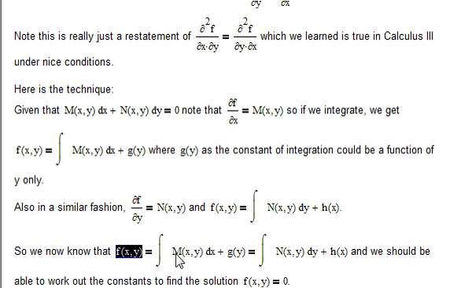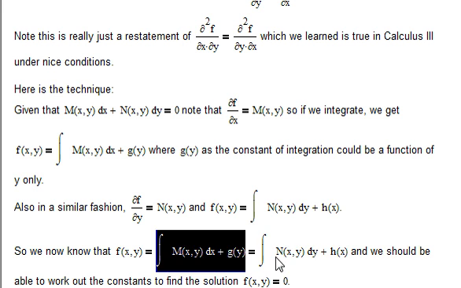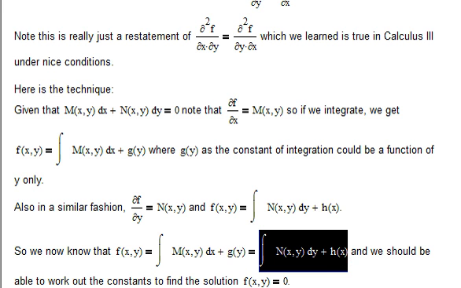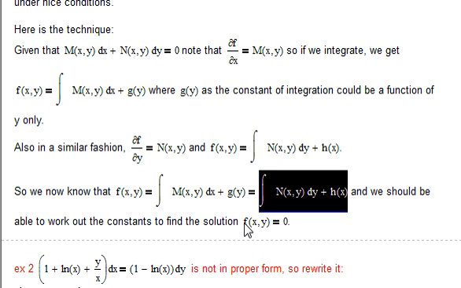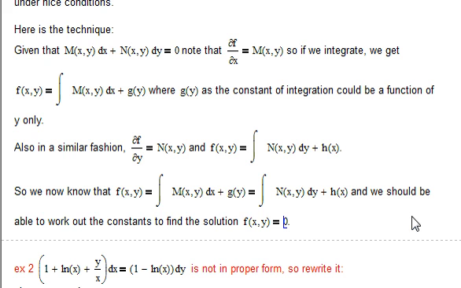In other words, f of xy would have to be this, and it would also have to be this. And so we should be able to work out with constants to find the actual solution, f of xy equals 0. That's our function that we're finding the total differential of. Actually, to tell you the truth, I guess it would be f of xy equals c, and then an initial condition would allow us to find that constant c.